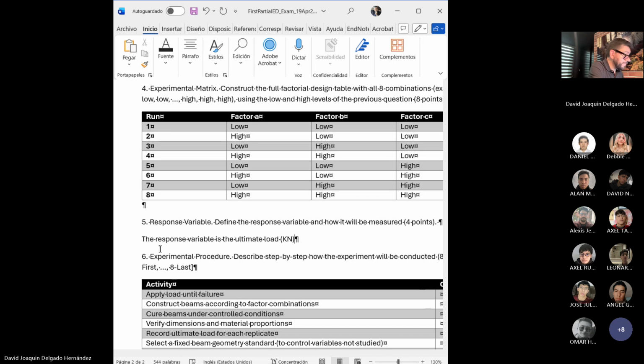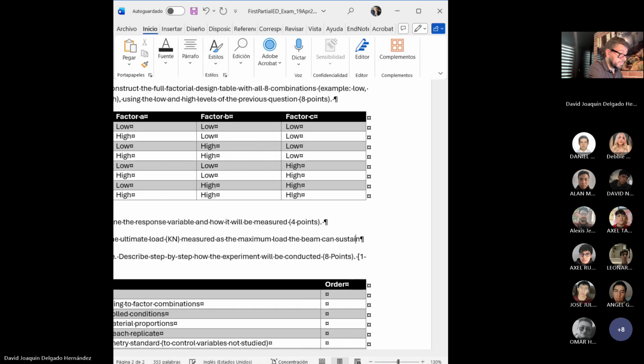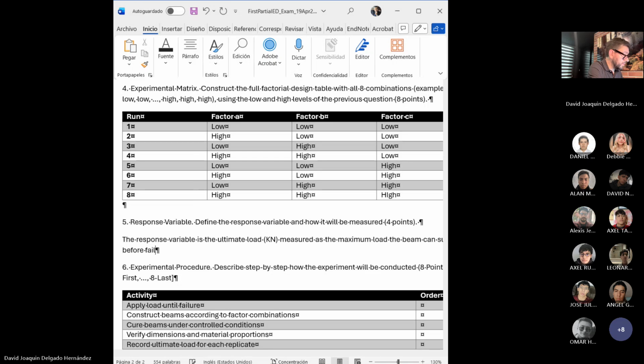Okay? Measured as the maximum load the beam can sustain before failure using a controlled loading test. Okay, that was the answer for this question.